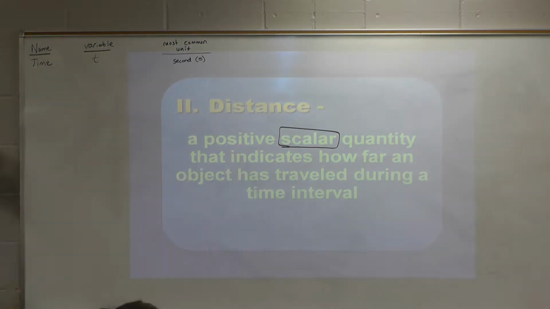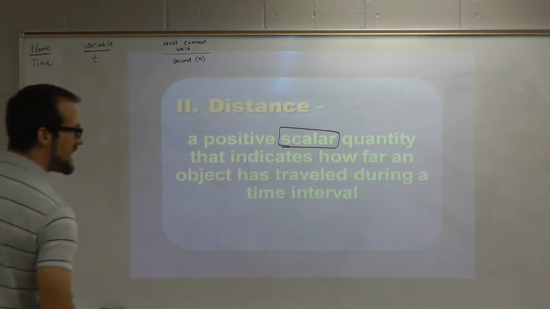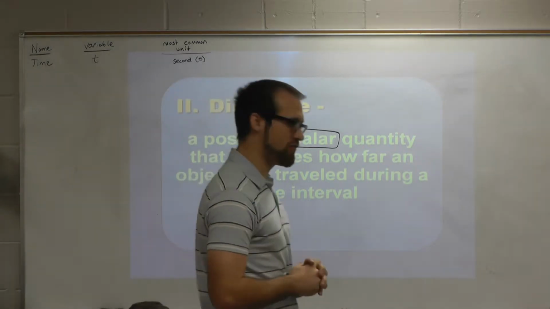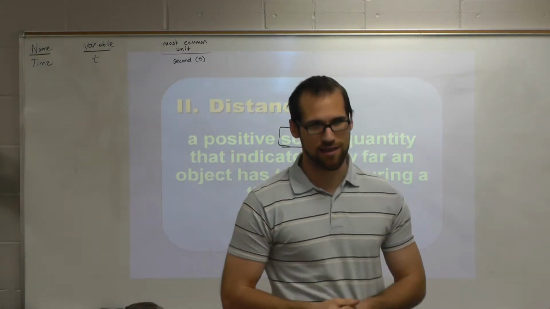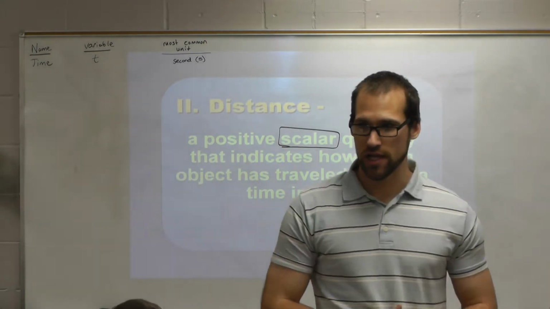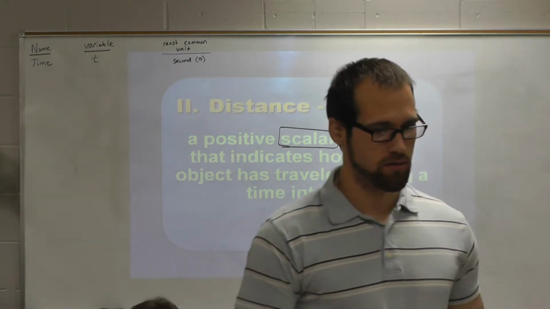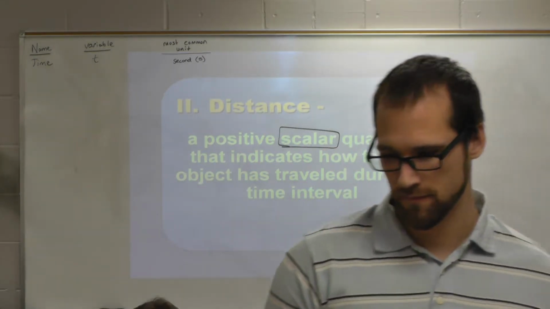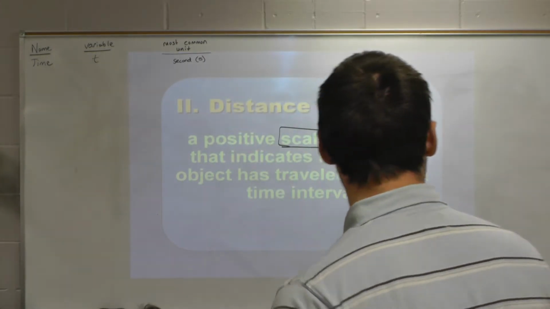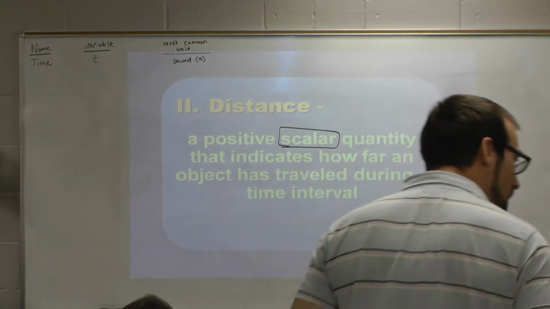Okay? You need to look back on this quite often, because when we start getting into the math, if you don't know what the variables mean, can you do the math? No. You're not going to know where to put the numbers if you don't know what the variables mean.